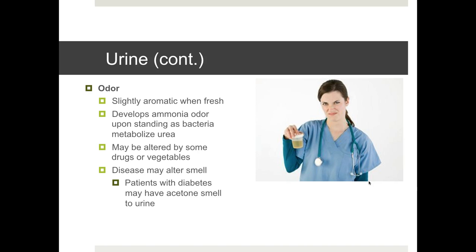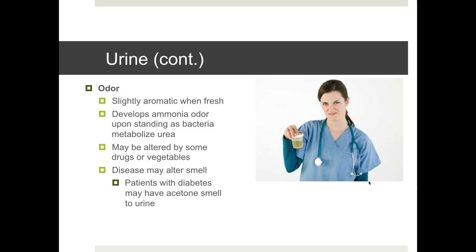Another physical characteristic is going to be odor. Urine should be slightly aromatic when it's fresh. And we mentioned it is going to develop an ammonia odor as it sits there. What's happening is the bacteria is metabolizing urea. And it may be altered due to some drugs that you might be taking.